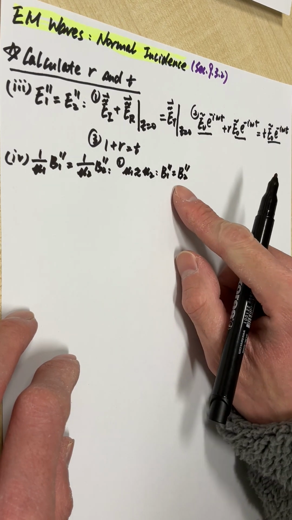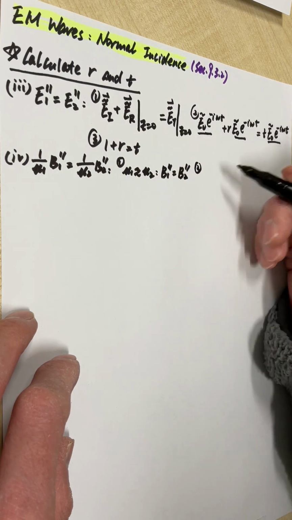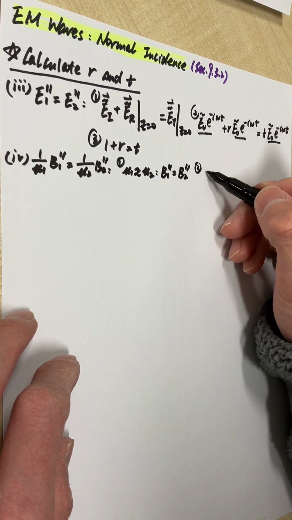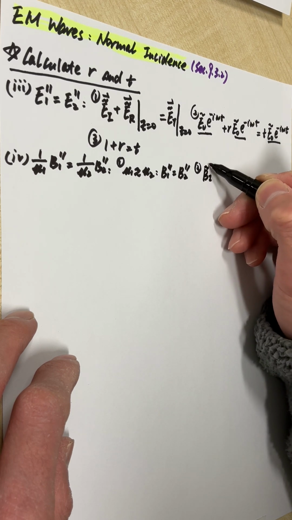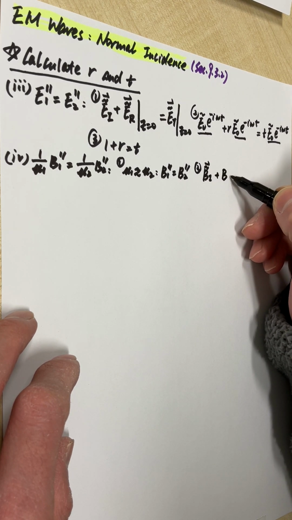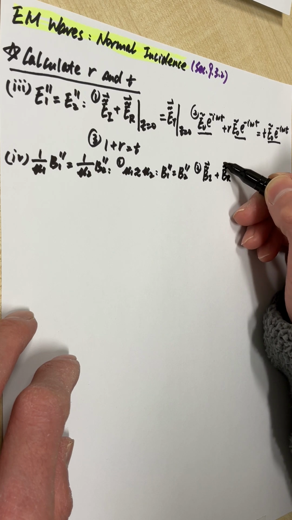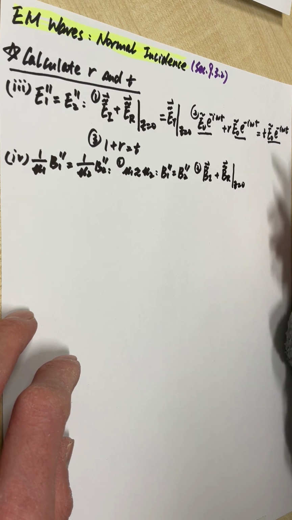So what does this mean? The second step, similar to this but with B: we have the incident magnetic field and the reflected magnetic field on the left-hand side, at the boundary z equal to 0.